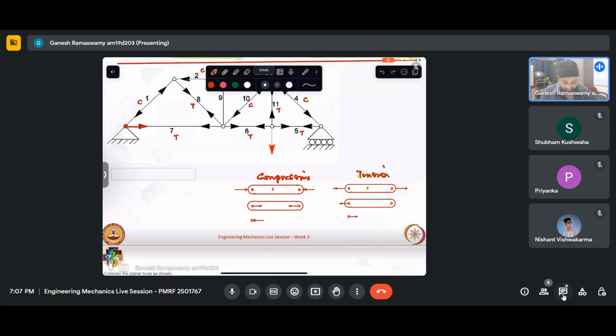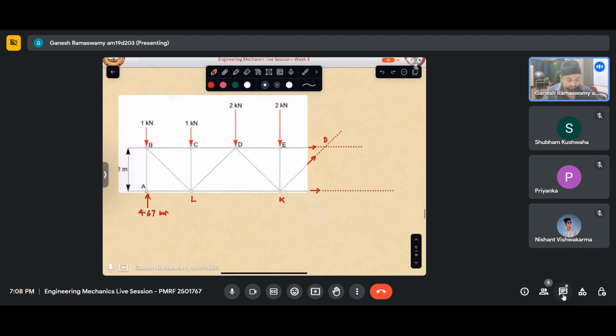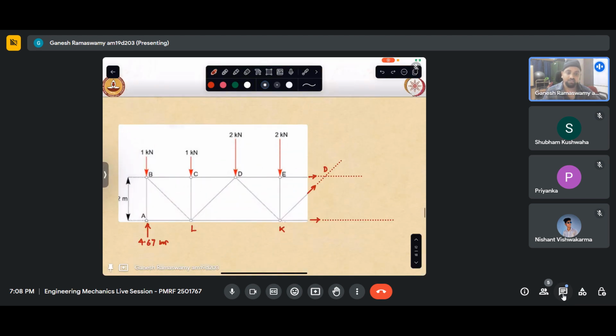So when we draw the free body of the cut sections, the forces that get exposed, we will initially consider them to be in tension and label them as pointing away from the joint. If the force in the member happens to be compressive, then our answer will naturally reflect that in the form of a negative sign. Now we will assume initially that all the member forces are in tension.